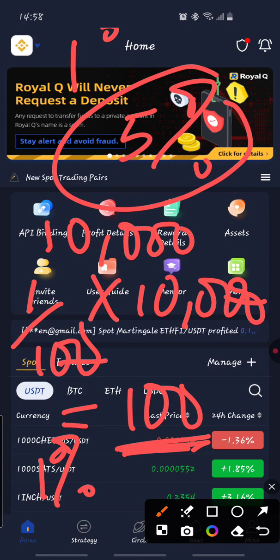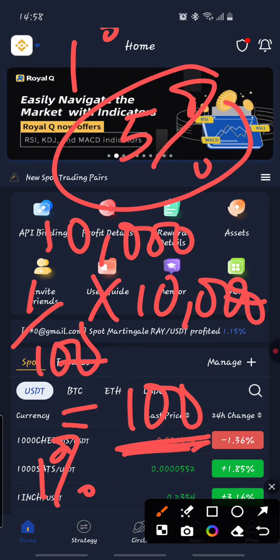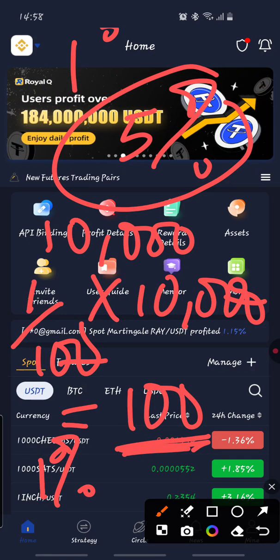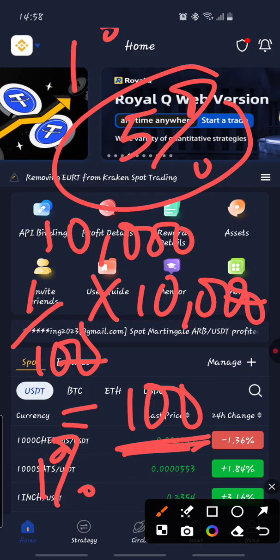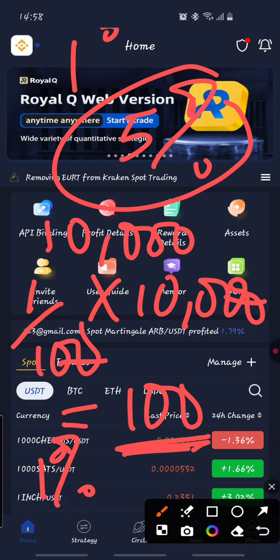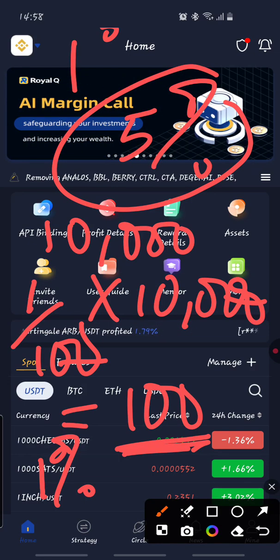So if you are one of these people with much capital, you can take small take profits. If you are using $100, $1,000, and you are in the market using like $400 or $500, just take 1% or 2%, and you execute very many trades.